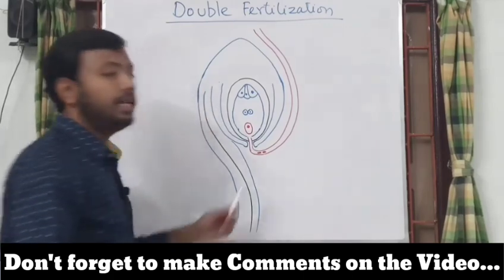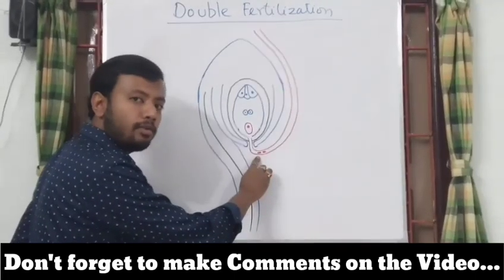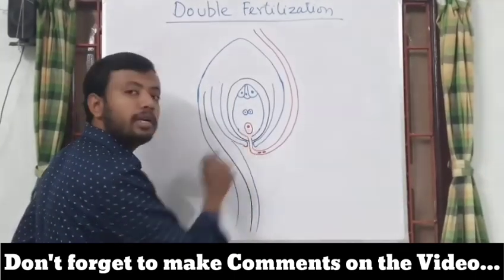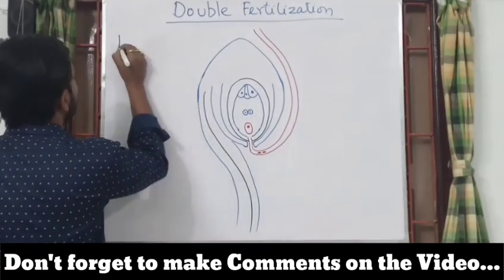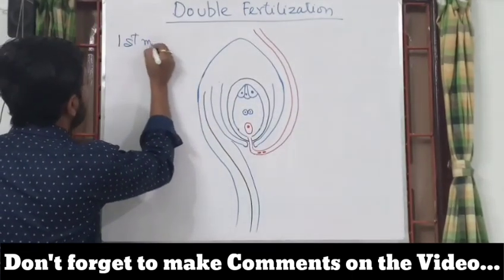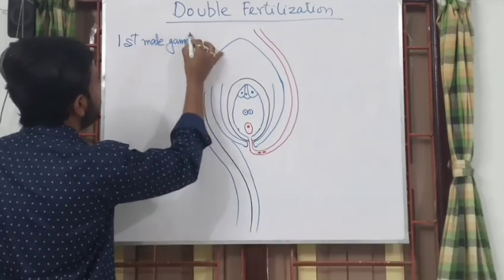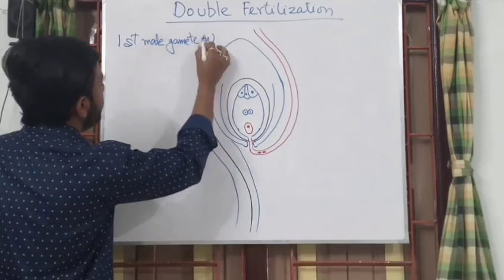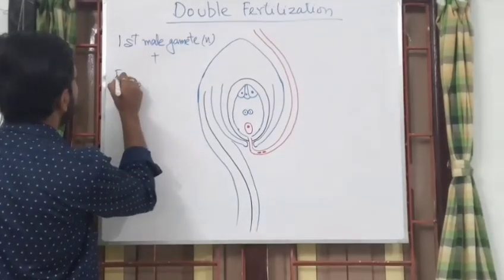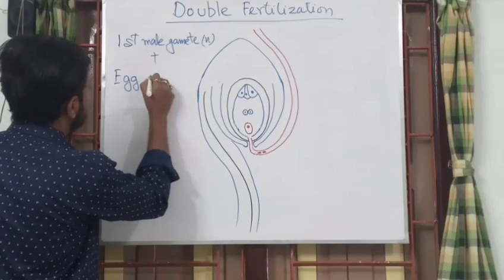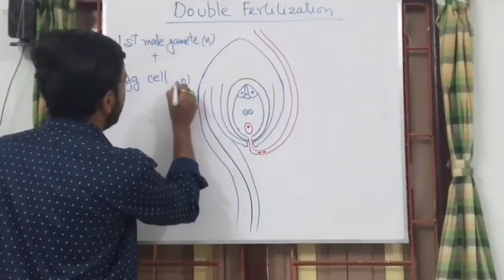After the disintegration of the synergids, the first male gamete comes out from the pollen tube and encounters this egg cell. The first male gamete, which is haploid in nature, will encounter this egg cell, which is also haploid in nature.